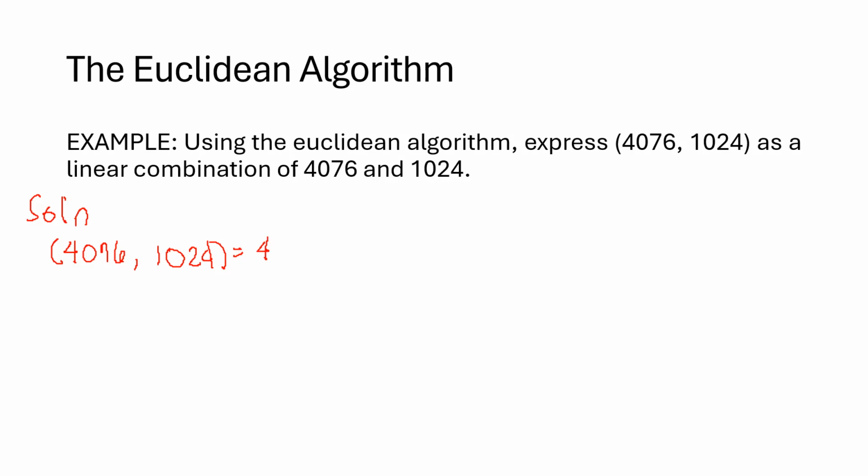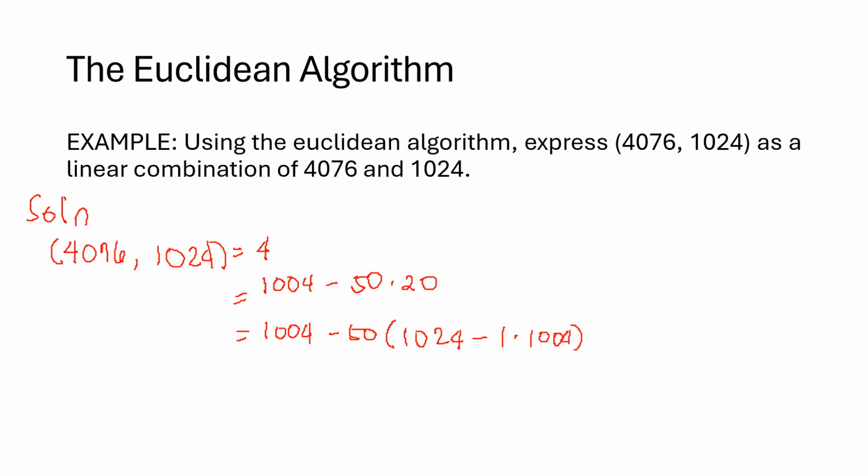Which is equal to, from the previous example, 1004 minus 50 times 20. And then we can substitute 20 from the previous example. So you have 1004 minus 50 times (1024 minus 1 times 1004).